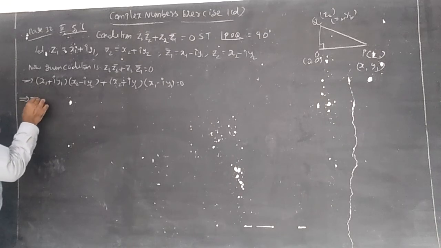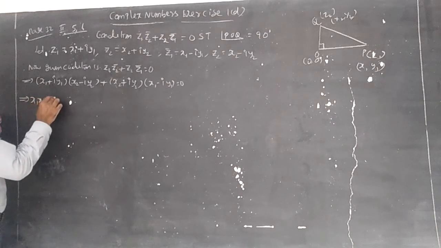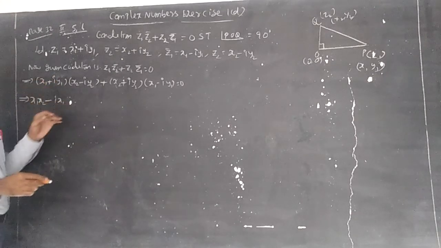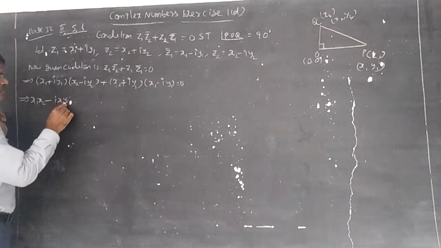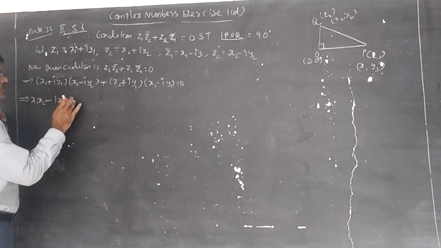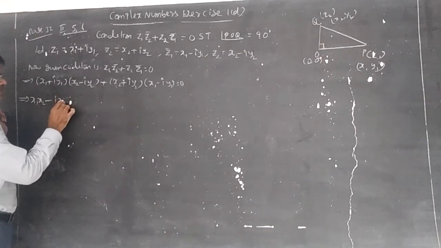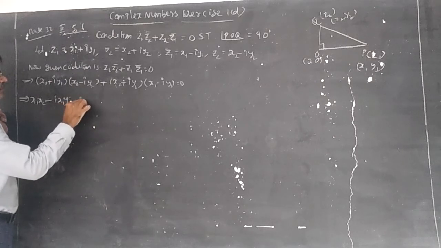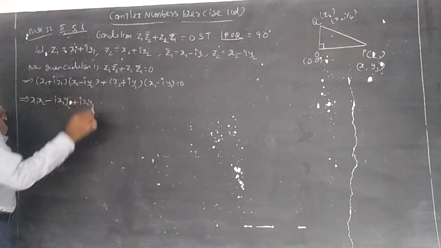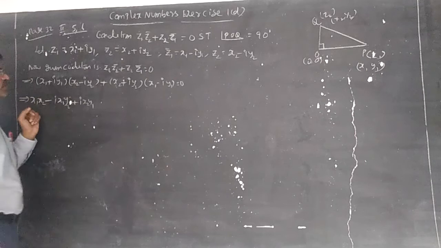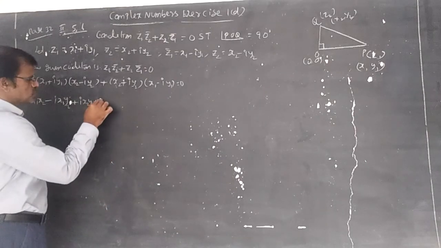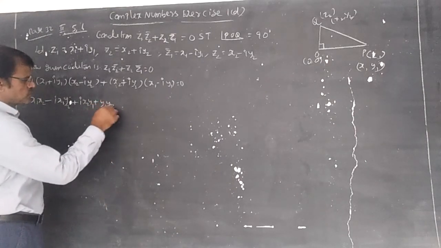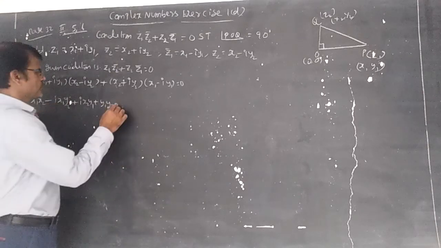Write x1 x2 minus i x1 y2, plus i x2 y1, plus i into minus i becomes minus i square, which is plus 1, y1 y2.